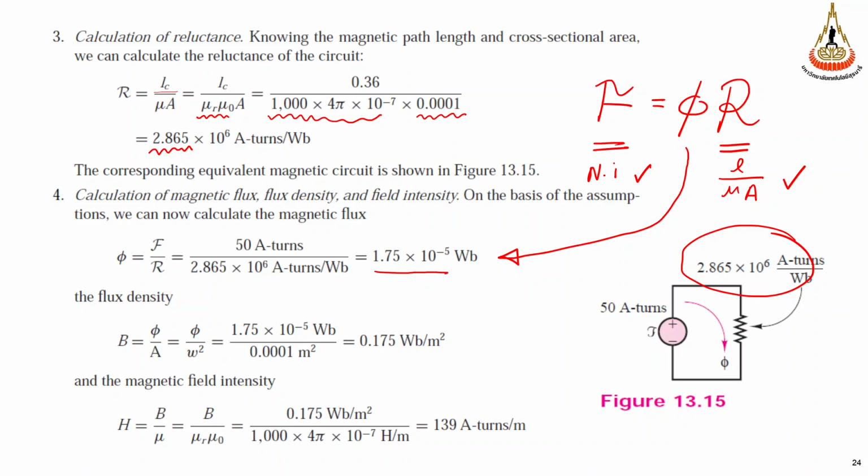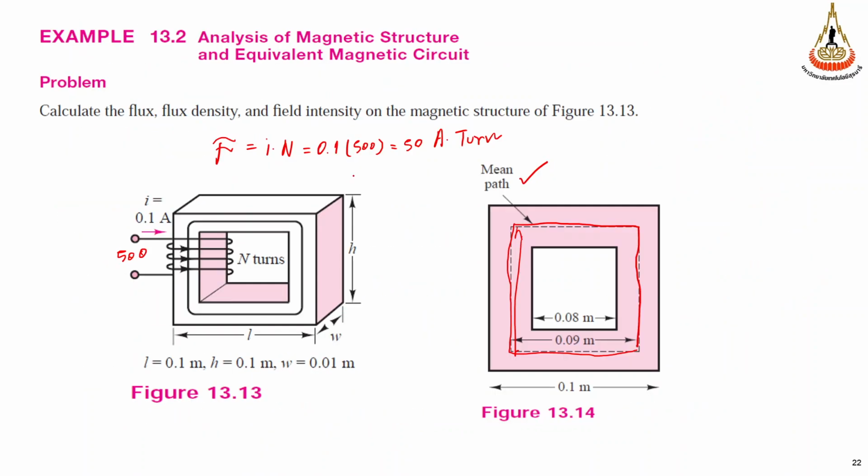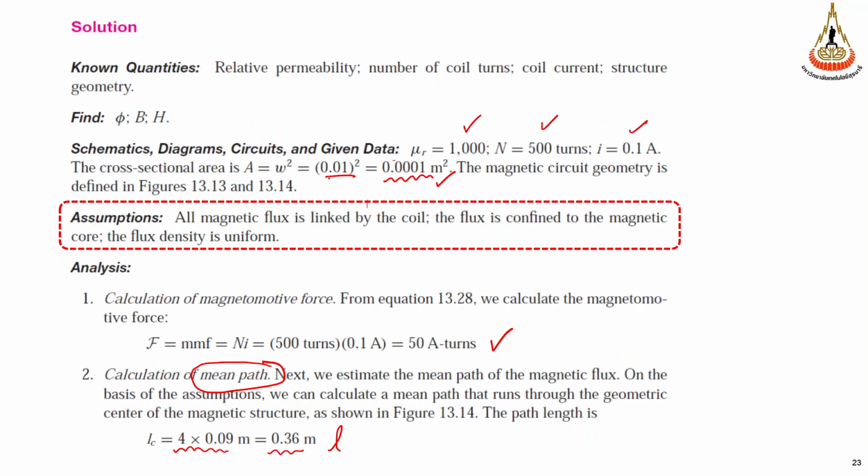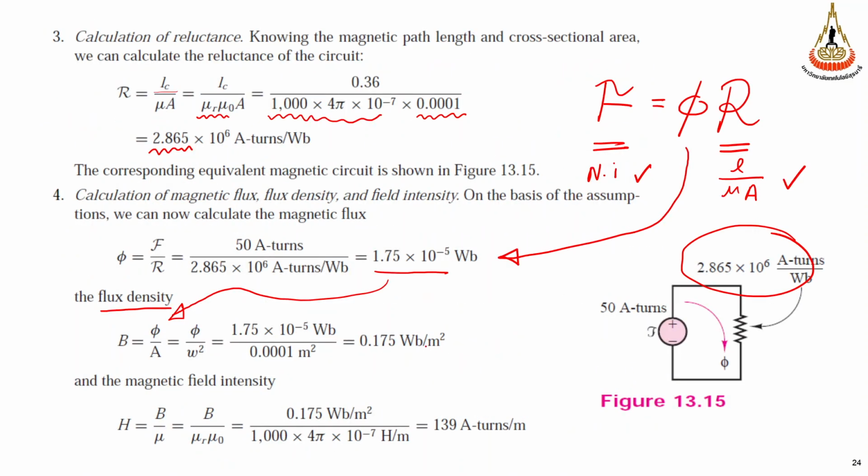And from the flux, if we divide the flux by area, we will get the flux density of this area. So this is the flux flow, flux divided by the area, and we get flux density in Weber per square meter.